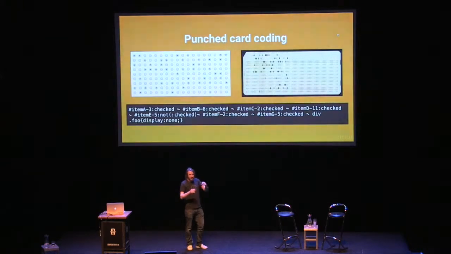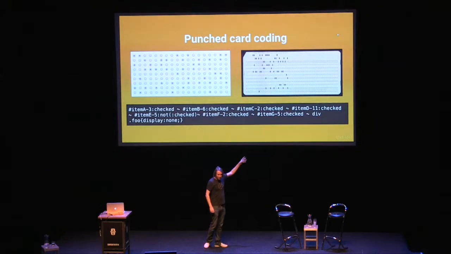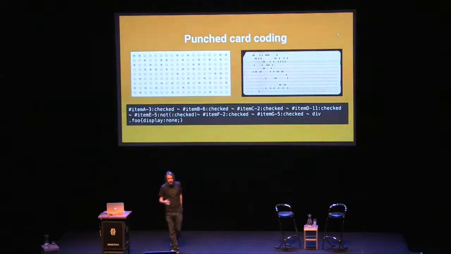So I had all these radio buttons displayed just as I was testing it, so I could see what was happening as I was clicking around. And I looked at it, and I thought, ooh, I know what that looks like. That looks like an old IBM punch card. And that's when I started thinking about it like that, everything started to fall into place a bit more.